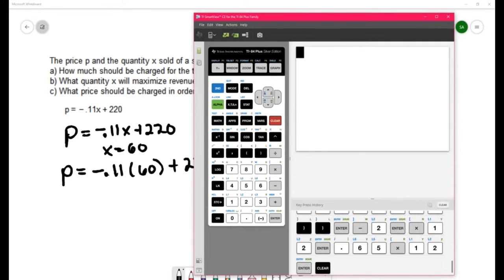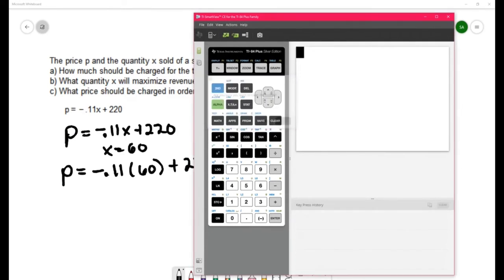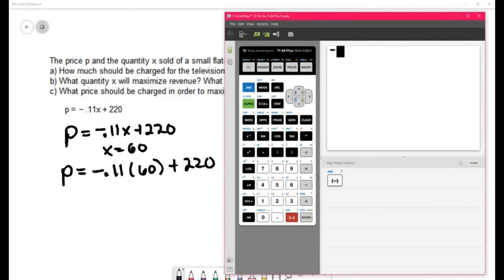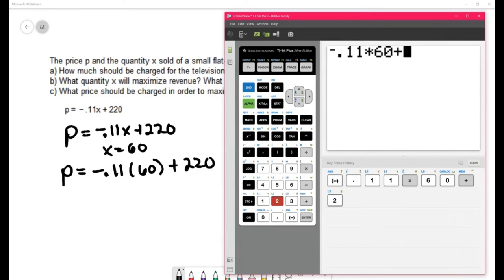Let me clear out these keys so that you can see which buttons I'm pushing. We're going to do negative 0.11 times 60 plus 220, and we should charge $213.40 if we have 60 television sets in stock.